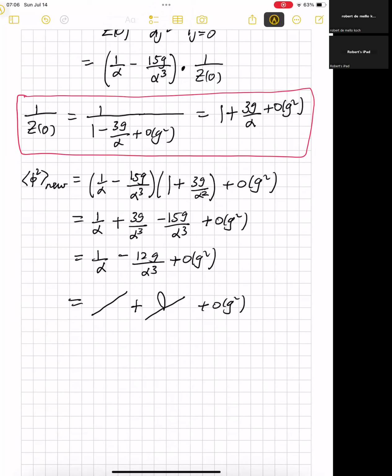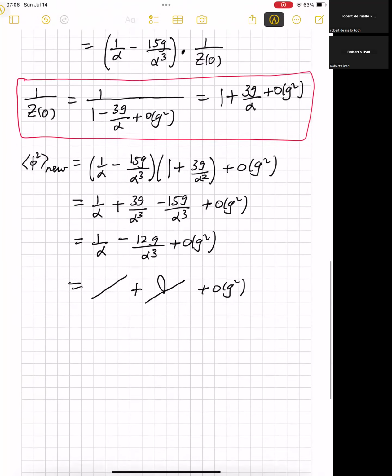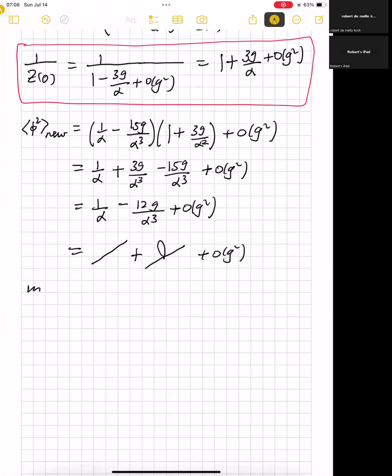So what's happened in the new normalization is we don't add this diagram. So that diagram has not been added.